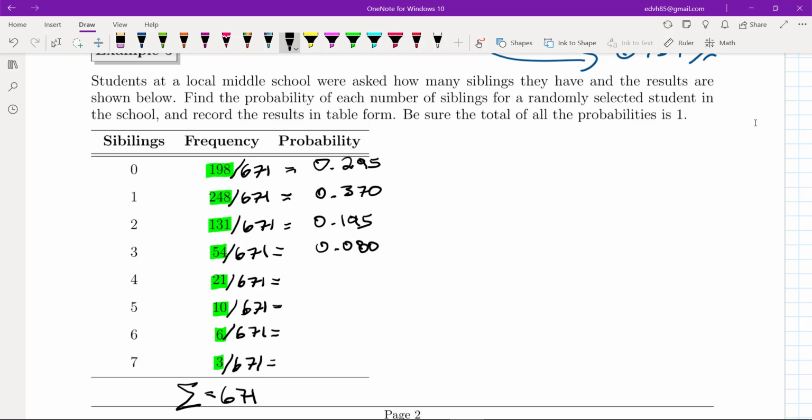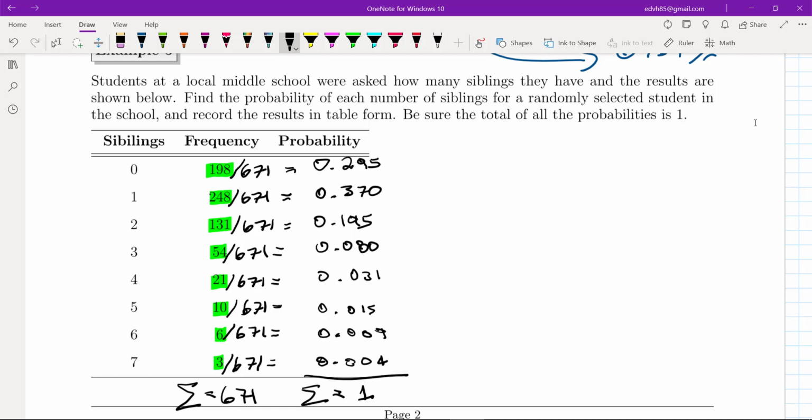No, 0.031. 0.015. 0.009, and last but not least 0.004. And if we add all this, it adds up to 1.